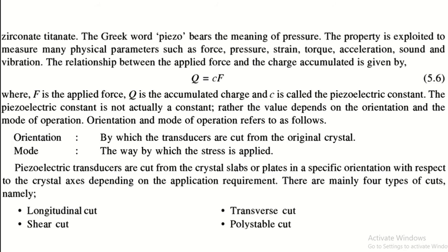Piezoelectric transducers are cut from the crystal slabs or plates in a specific orientation with respect to the crystal axis, depending on the application requirement. There are mainly four types of cuts, namely longitudinal cut, transverse cut, shear cut, and polystable cut. Because of these orientations, the C value varies.